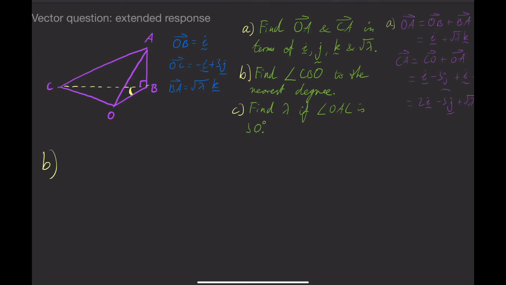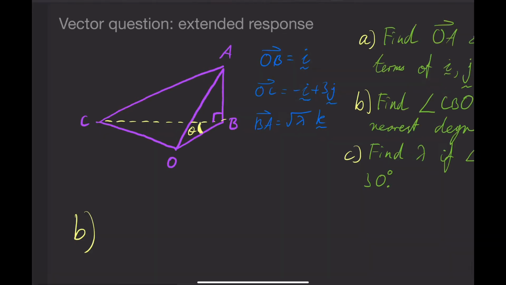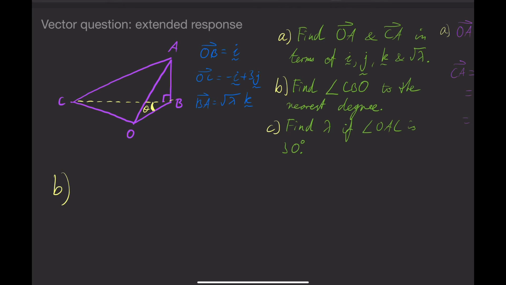We can call angle CBO theta. And what we're able to say now is that the dot product of BC and BO is equal to the magnitude of BC times the magnitude of BO times the cosine of theta. So that's our definition of the dot product.